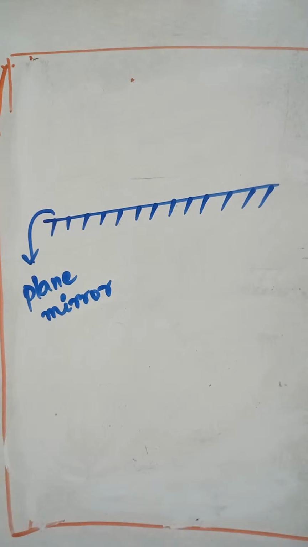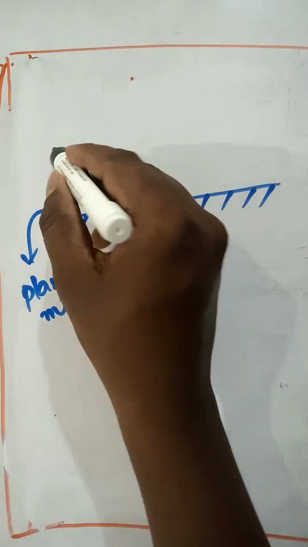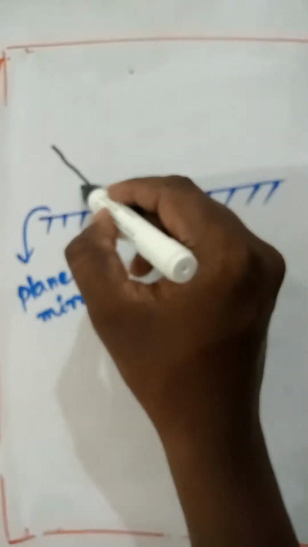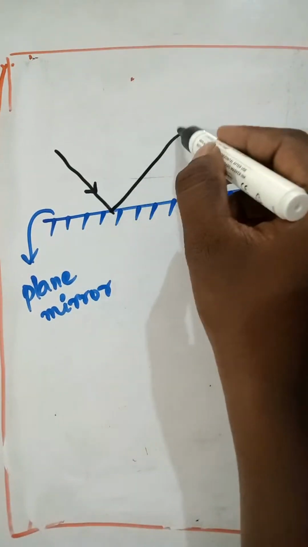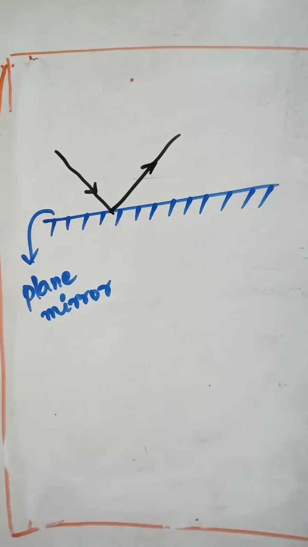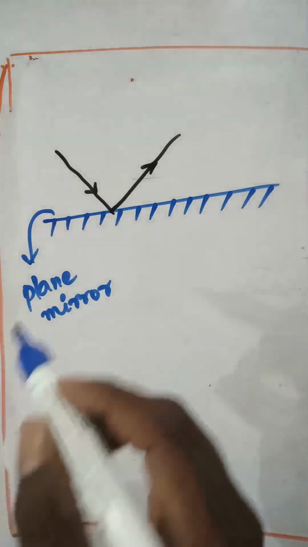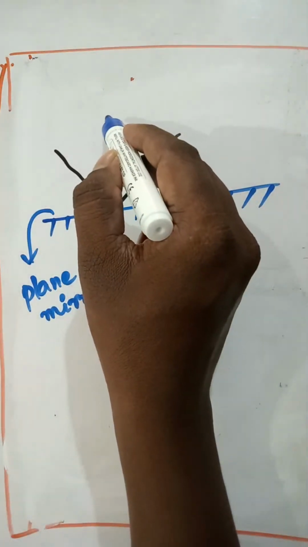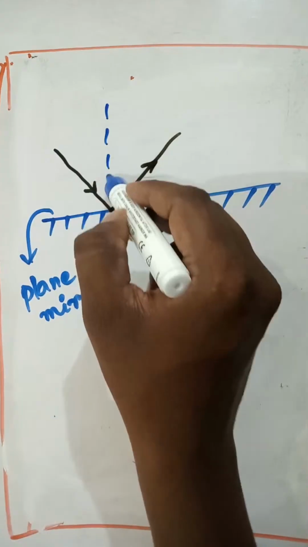The incident light ray is falling. This is the incident ray, and this will be the reflected ray. I'm also taking the normal line.